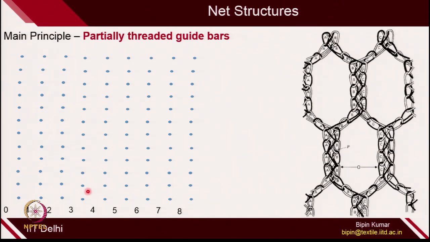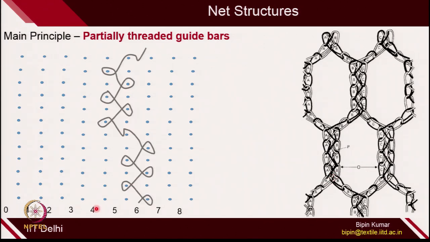If you follow the lapping diagram of the black yarn, or the white yarn, it will look like this. It is doing tricot for a few courses, then switching and moving to the next column and again making tricot. In this way it is switching from one side to the other.